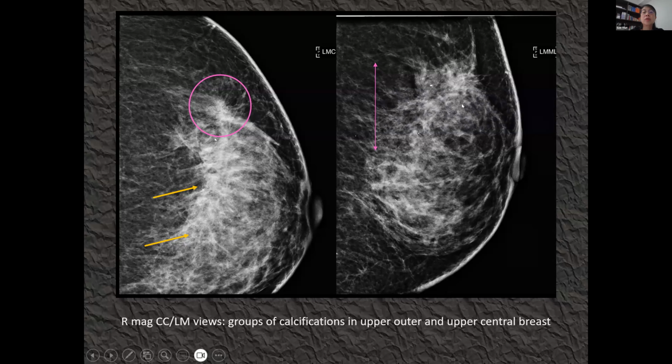These calcifications are superimposed upon each other on the LM view, so they span a distance of around 4 centimeters. So the magnification view provides additional information on the extent of microcalcifications.